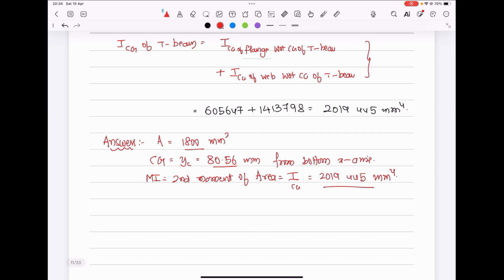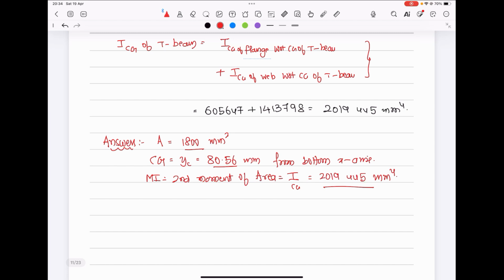with respect to the center of gravity of the combined area. The distances between the center of gravity of the individual areas and the center of gravity of the combined area have to be known, D1, D2, D3. Then we have to find out ICG of the individual areas plus A1 D1 square, ICG of the second area plus A2 D2 square, ICG of the third area plus A3 D3 square, and go on.